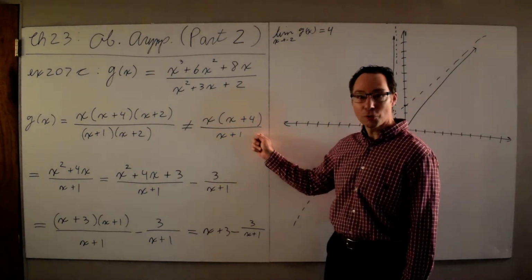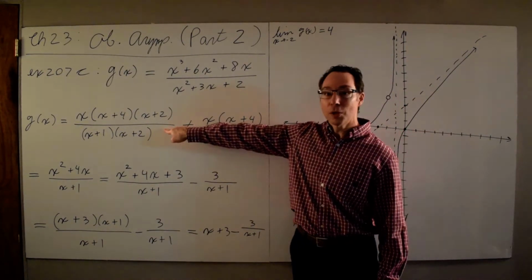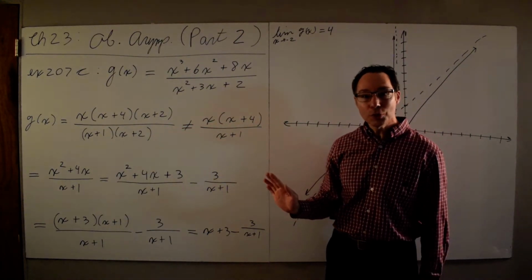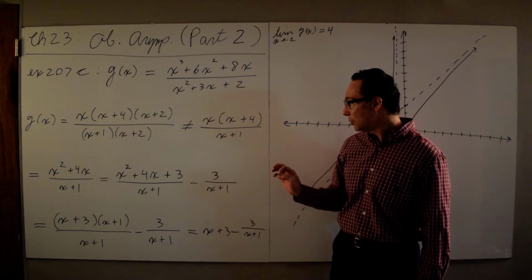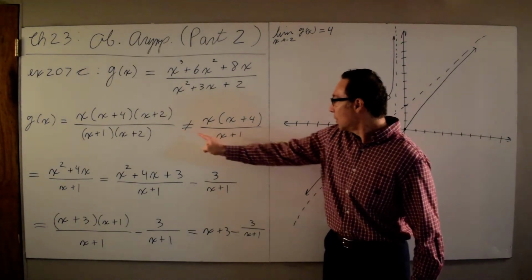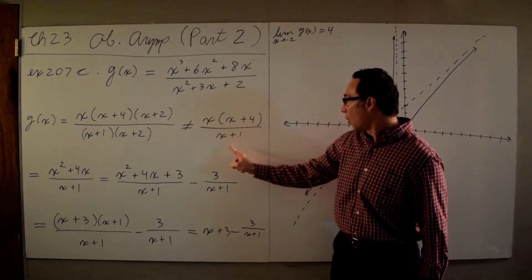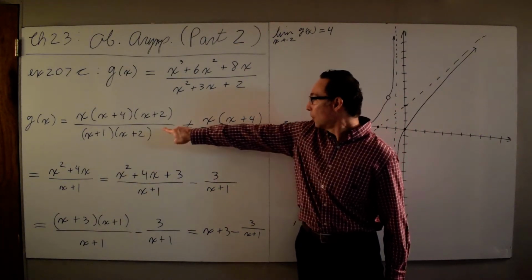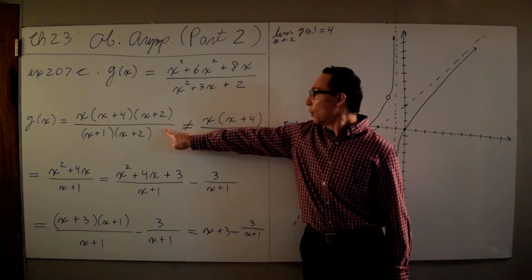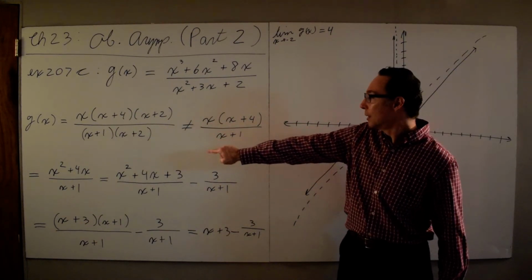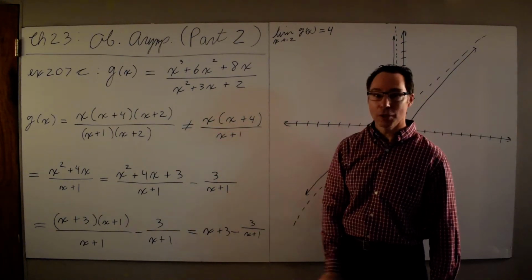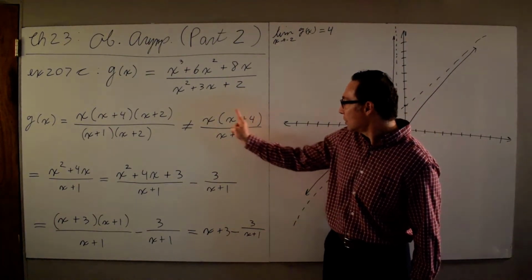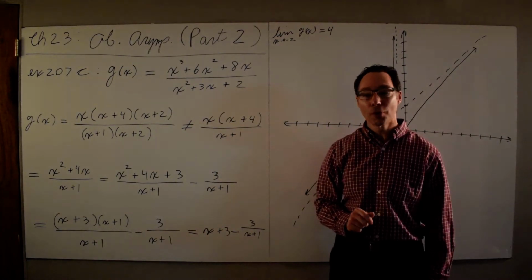This function is defined at -2. This one is not. That's a big difference between the two functions, but it's the only difference. So studying the reduced form is easier than looking at the original function. We just have to always keep in mind they're not the same function. They have a lot of the same properties, so this is easier to work with, but we have to remember they're not quite the same.